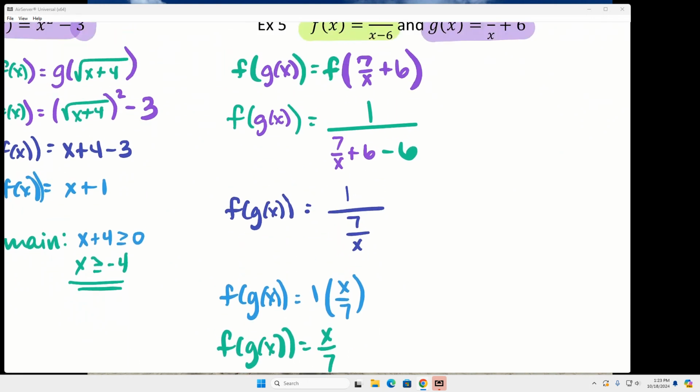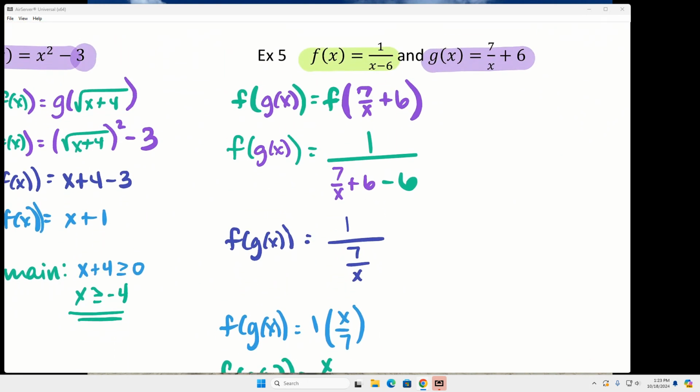Okay. All right, and then let's do it the other way. G of f of x. All right, so it's going to be g of 1 over x minus 6.